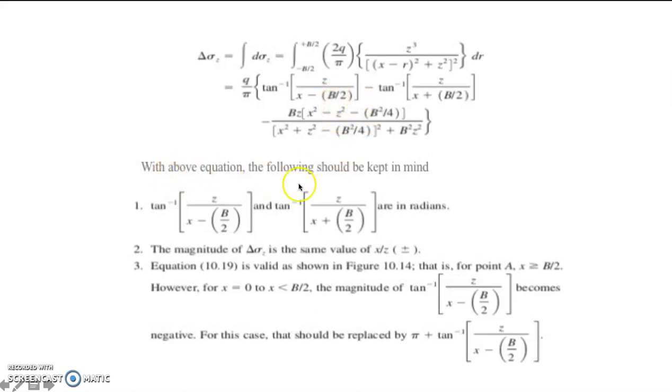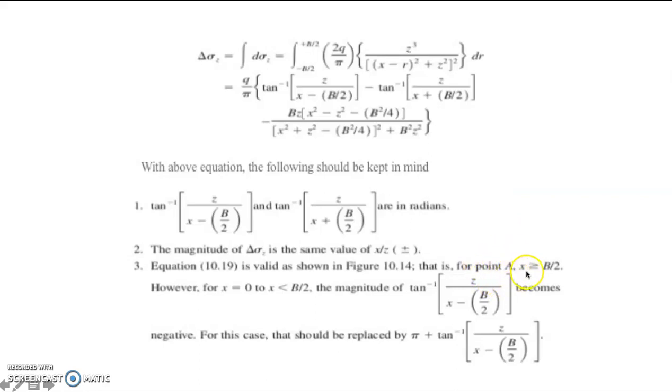And we have to bear in mind that all of this are in radian, and the magnitude that we have computed should be the same as the value of x all over z in the table.